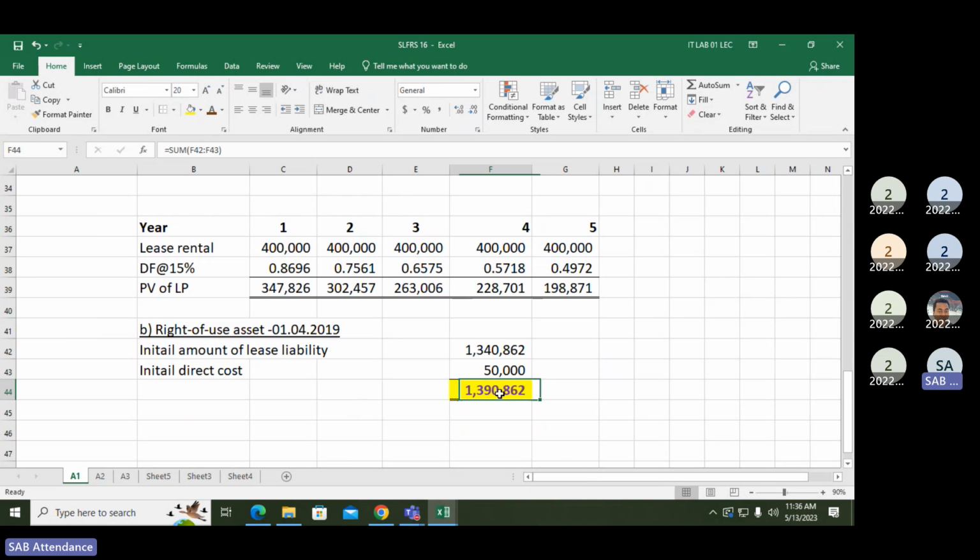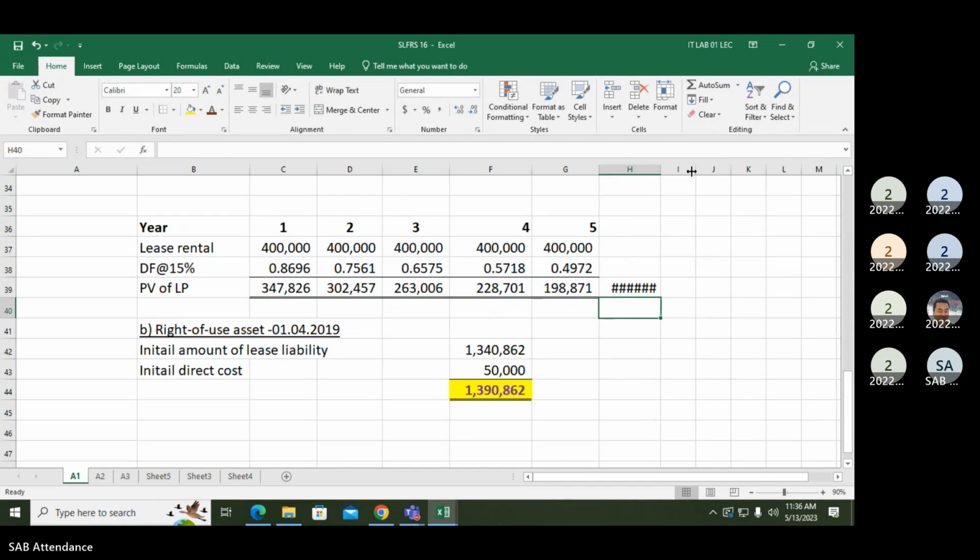So the right of use asset is 1,390,862. This is in the books of the lessee, right?